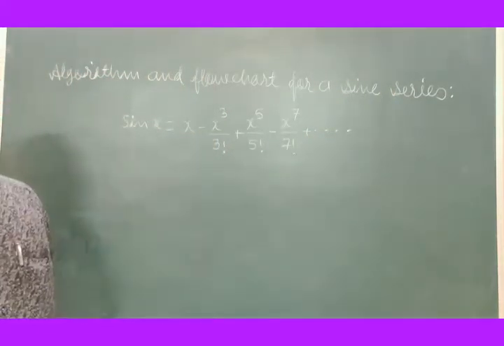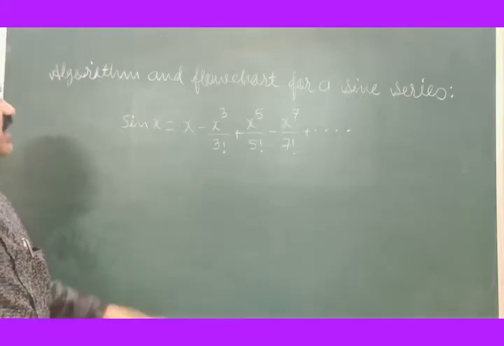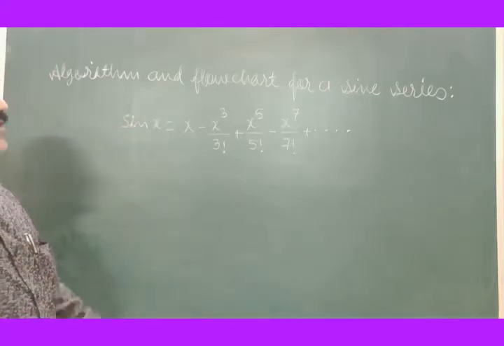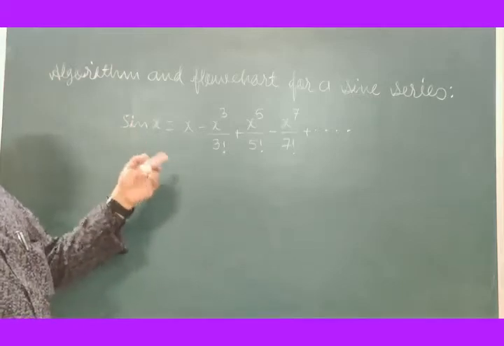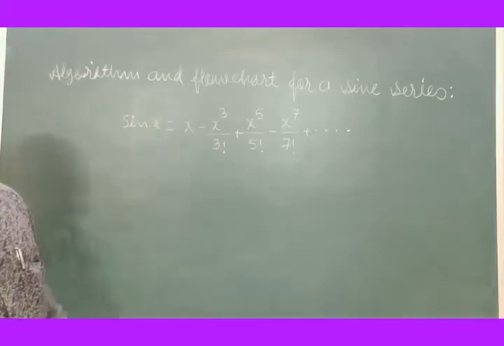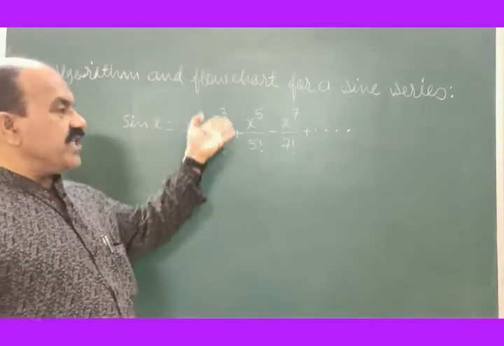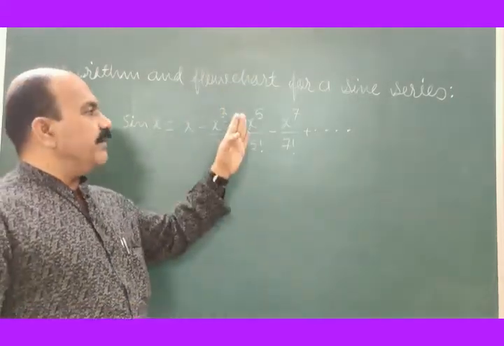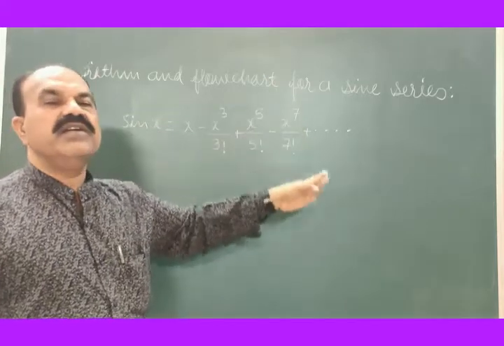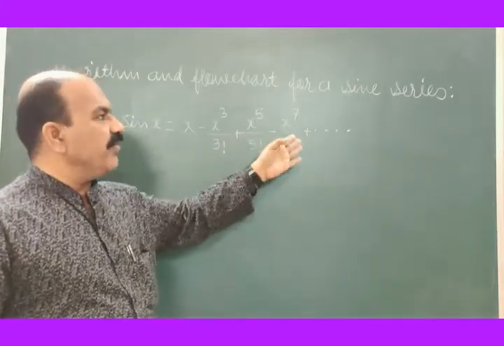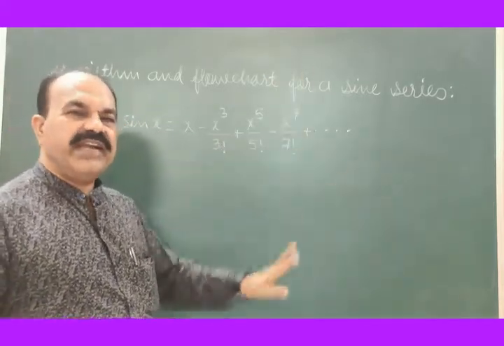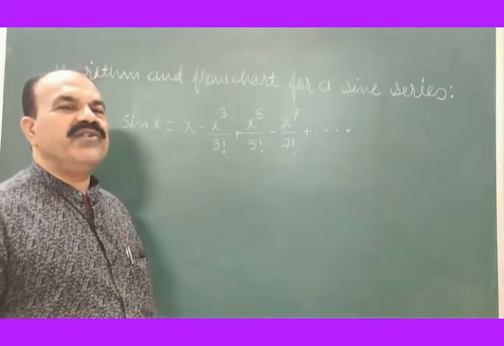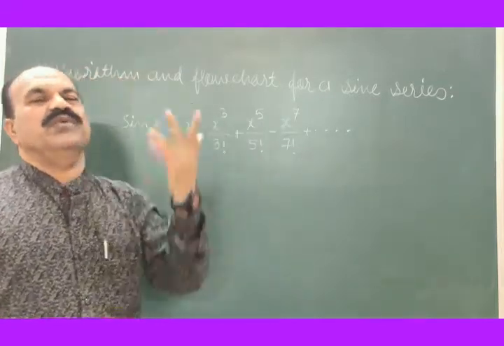This is a sine series. Sine x is equal to x minus x cube by 3 factorial plus x to the power 5 divided by 5 factorial minus x to the power 7 by 7 factorial plus x to the power 9 divided by 9 factorial minus and so on.